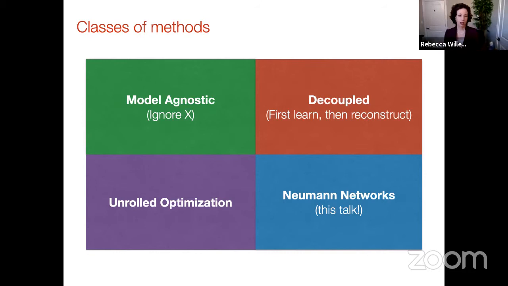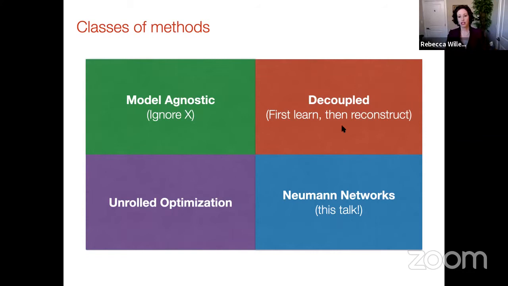First of all, model agnostic approaches, where we have a bunch of X, Y pairs, so images beta and observation vectors y. And we want to learn how to solve the inverse problem, but we don't explicitly incorporate knowledge of this forward model X. We'll look at an example of that.